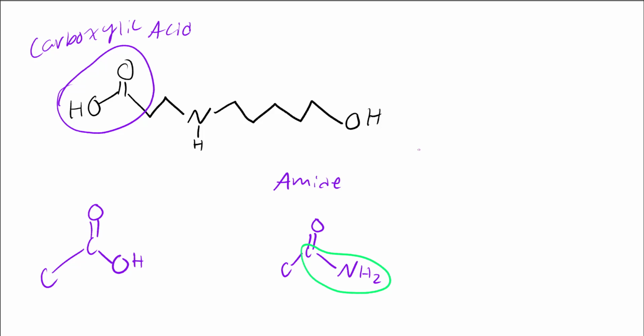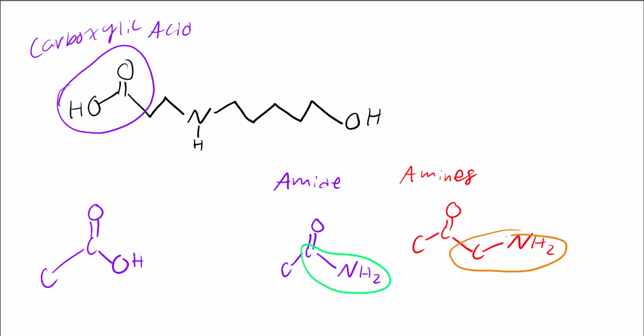However, amines are as follows. Carbon double bonded, right? Looks pretty similar. Then you have a carbon, and then you have NH2. Well, what's the difference? Notice that this nitrogen is connected to a carbon, but that carbon does not have an oxygen.